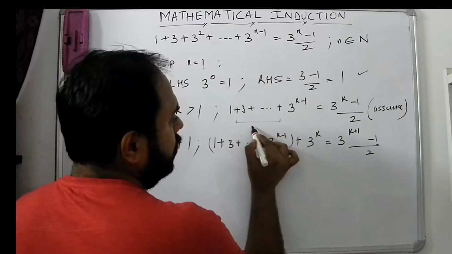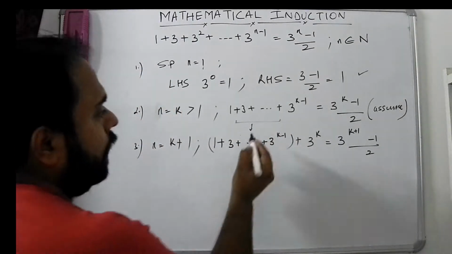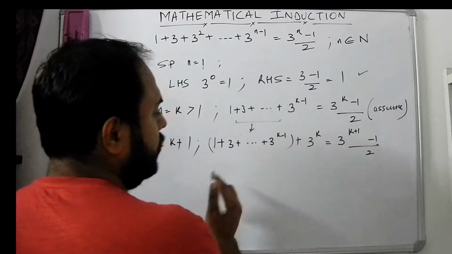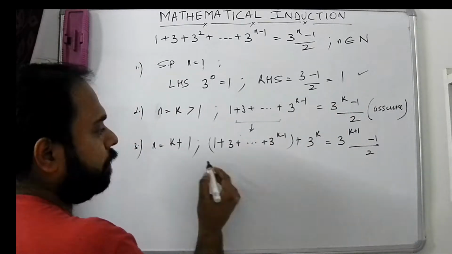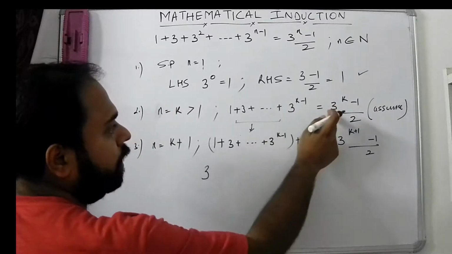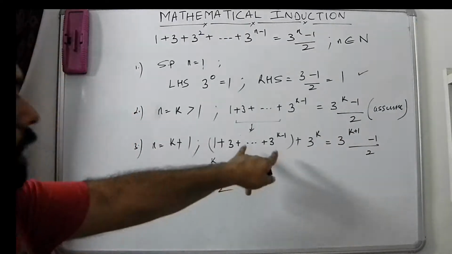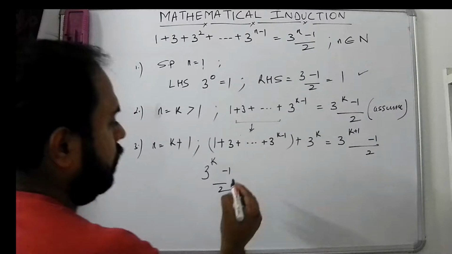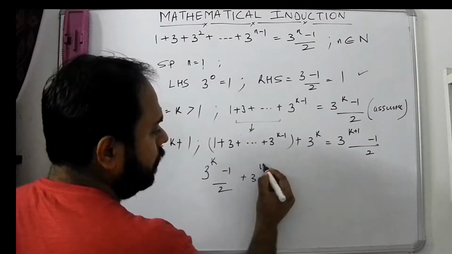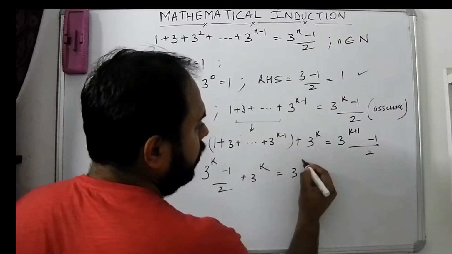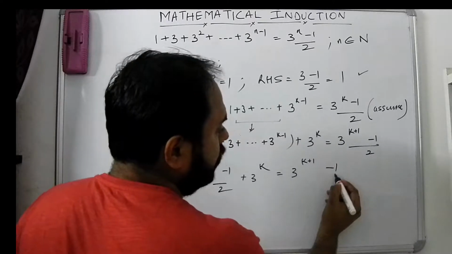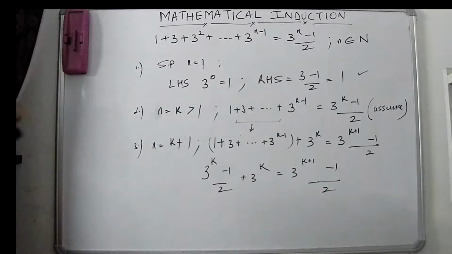Let's replace this value here. I know this thing is equal to this. So what I finally need to prove is that (3 to the power k minus 1) divided by 2, which is the value of this entire bracket, plus 3 to the power k is equal to (3 to the power (k plus 1) minus 1) whole divided by 2. This is something that I need to prove.